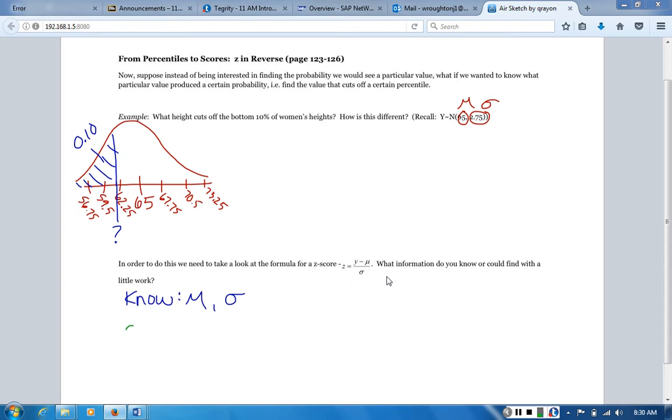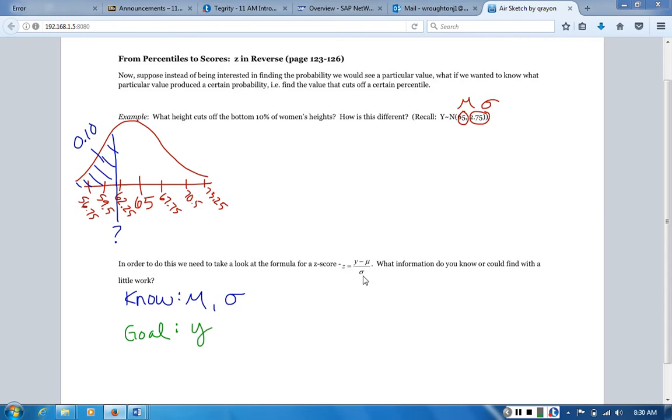To understand what information we could find with a little work, let's first talk about what our goal is. So if I look at my picture, my goal is to find a woman's height. Which of these letters represents a woman's height?